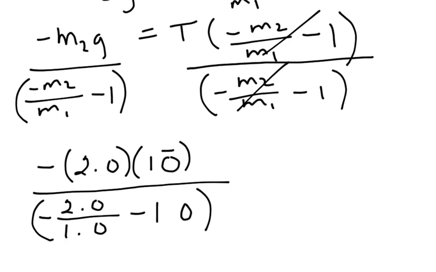That's why I want everything in 2 sig figs. And the answer comes out to be 6.7, rounded to two significant figures. And the unit is going to be newtons because we were solving for tension.